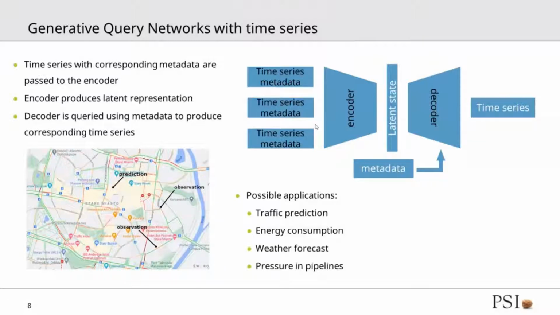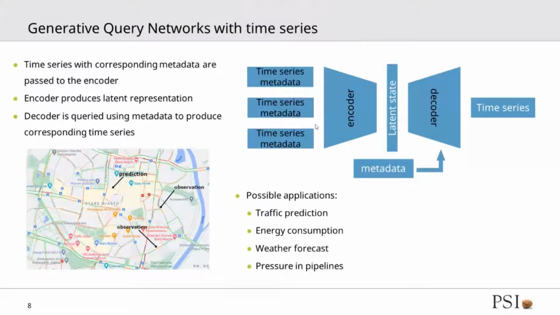And this approach can be used in many different ways. One of them is traffic prediction. When given traffic from different roads, one can predict how many cars, for example, are present on another when there are no sensors. Other approach is energy consumption, when you can somehow predict what is the energy consumption based on sensors from other buildings, other companies.